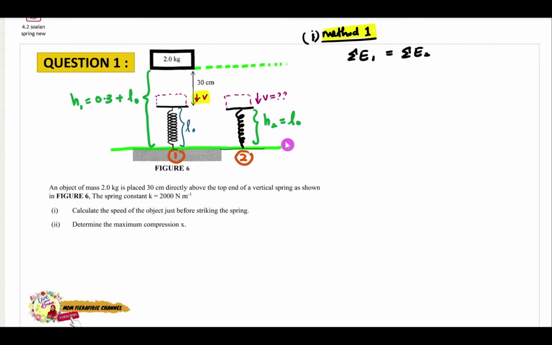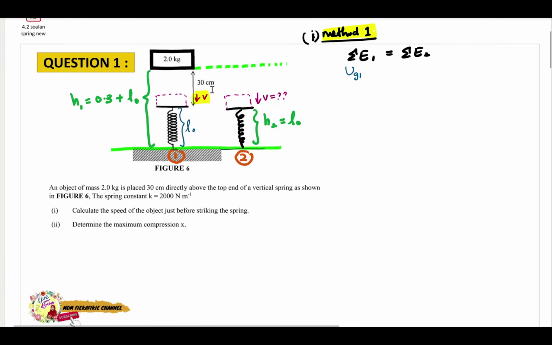Okay, so initially the total energy in picture ataupun in diagram 1, we just have gravitational potential energy. Objek itu tidak bergerak. Okay, dan spring itu tidak compress ataupun expand. So no elastic potential energy. Okay, so dia hanya ada apa?